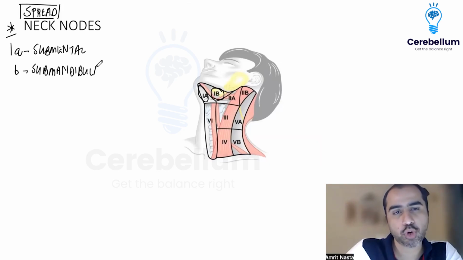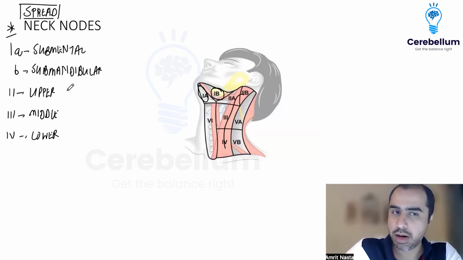These are the first two groups of nodes. Then you have level 2, 3, 4, ये वाले, which are called as upper, middle, and lower deep cervical nodes. That is the name.